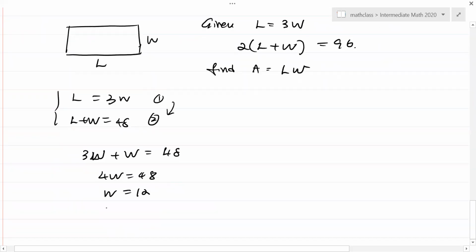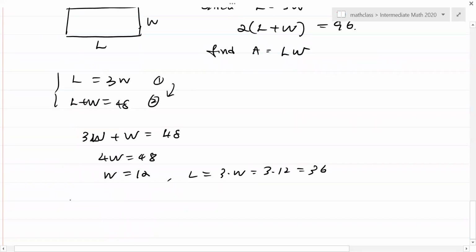If W is 12, then L is going to be 3W, 3 times 12, which is 36. Then finally the area is going to be LW, 36 times 12.